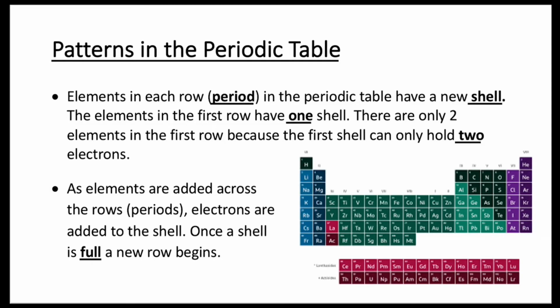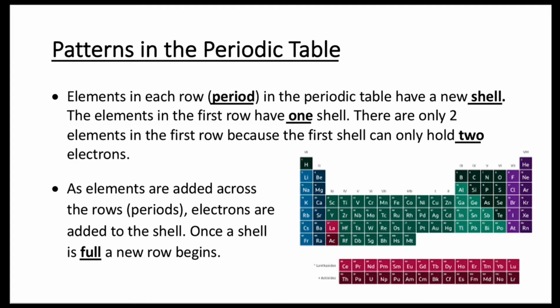So elements in each row, which is also known as a period, in a periodic table have a new shell. As you're moving down the periodic table in rows, a new shell is added with each row. The elements in the first row have one shell, so this would be hydrogen or helium.